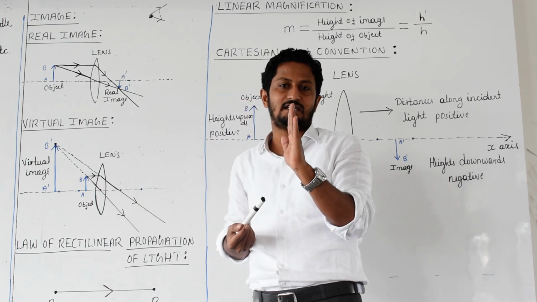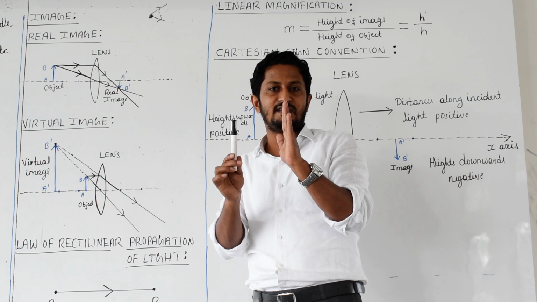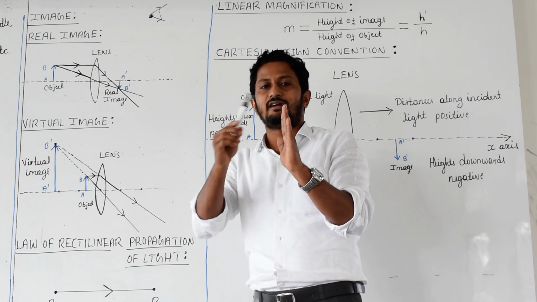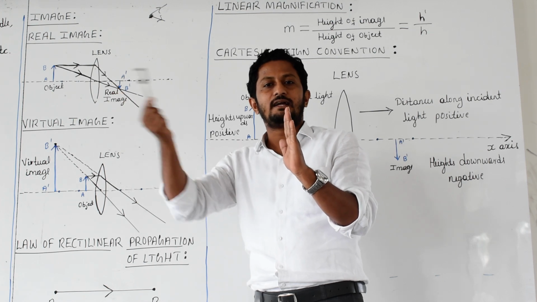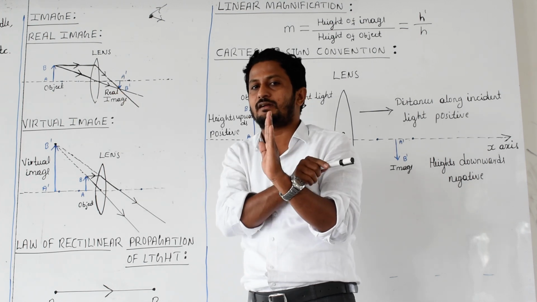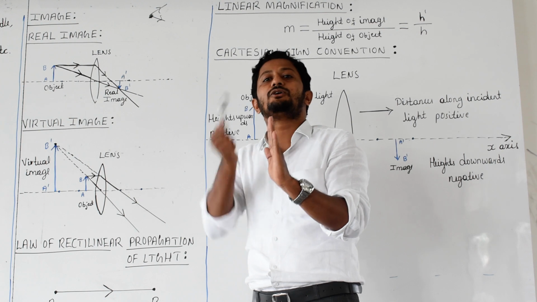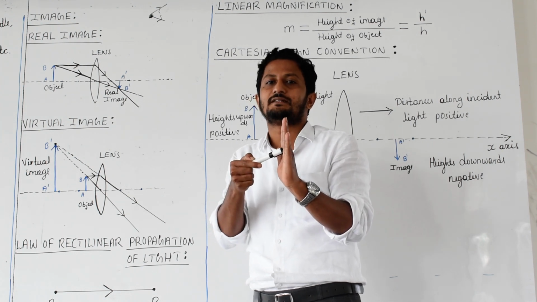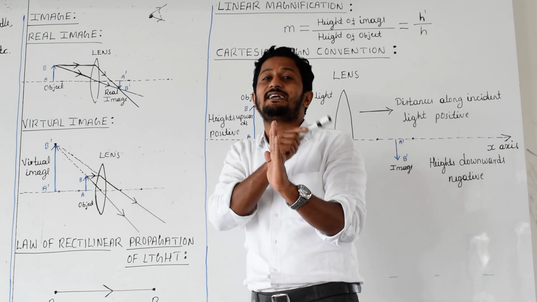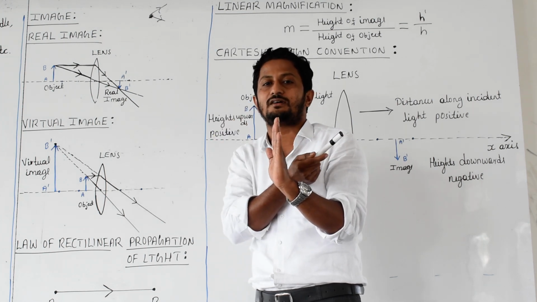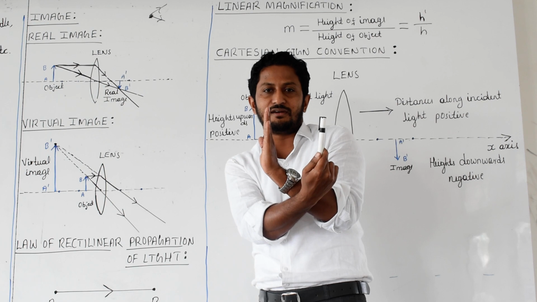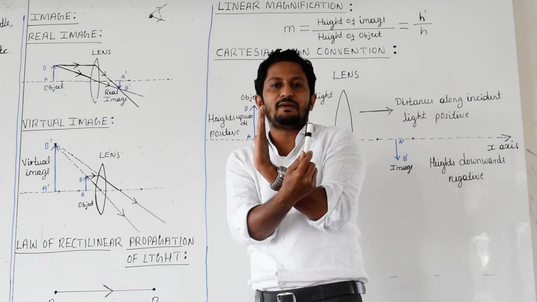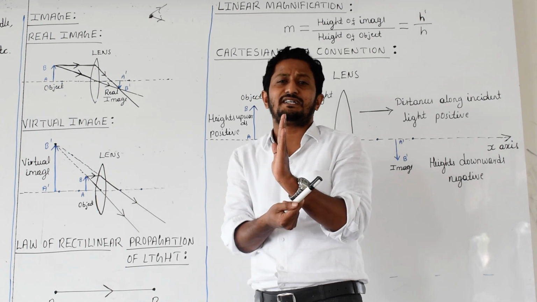You standing here are an object. From your body, light rays come and bounce back, and somewhere behind the mirror they produce your image. You can see your image, but you can't get it on a screen. Meaning, when you go behind the mirror, you won't get anything.